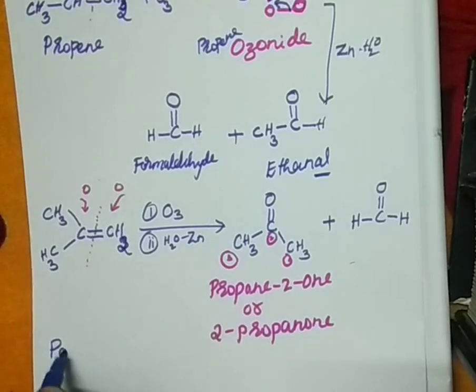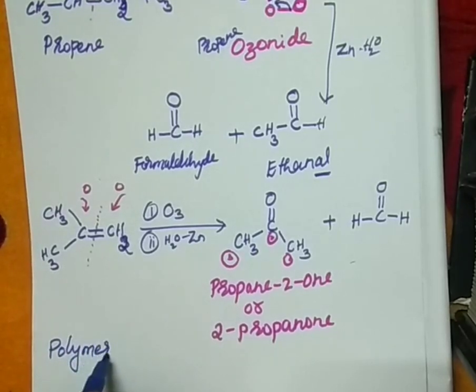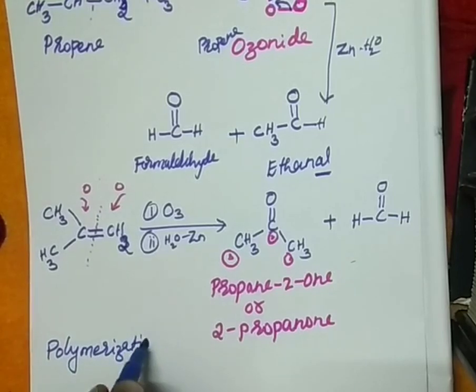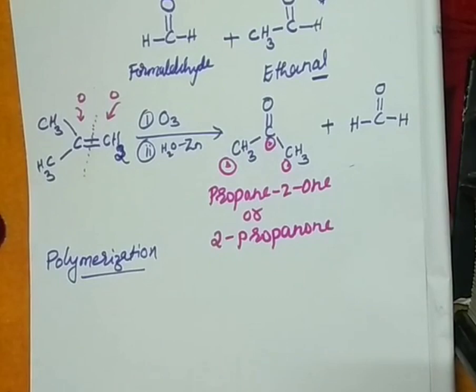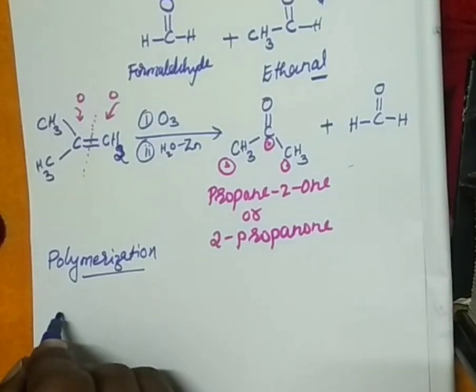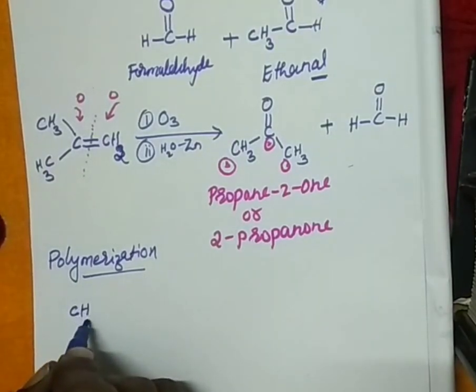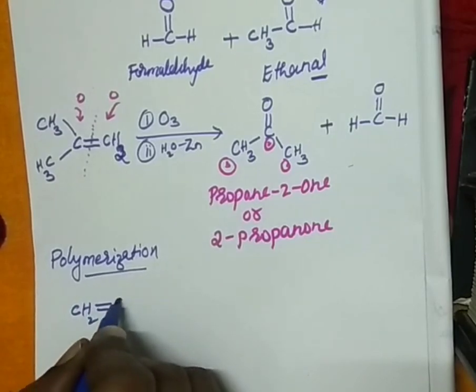Let me write polymerization. Polymerization is nothing but the formation of a large molecule called a polymer, which is formed from many repeating units called monomers. For example, your ethene gives polythene, you know. Polythene bags we use every day, right?